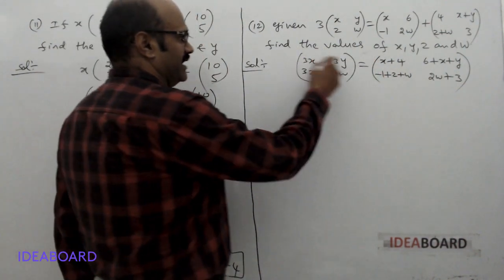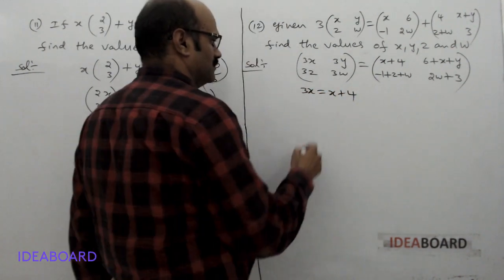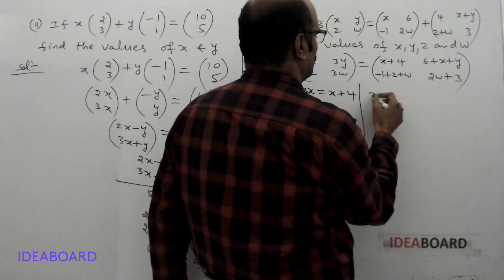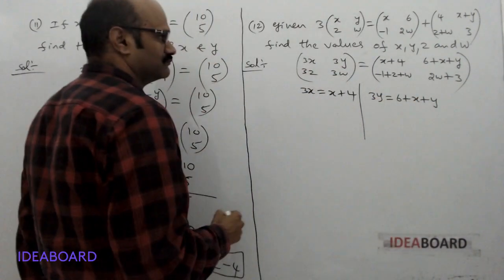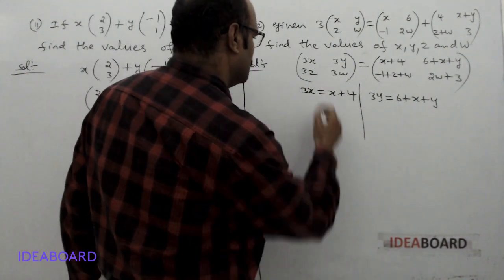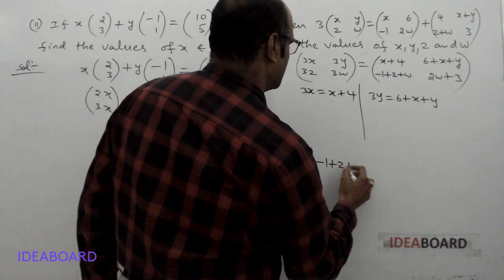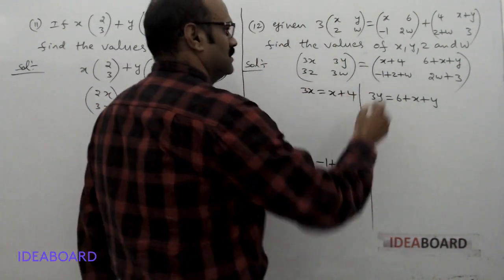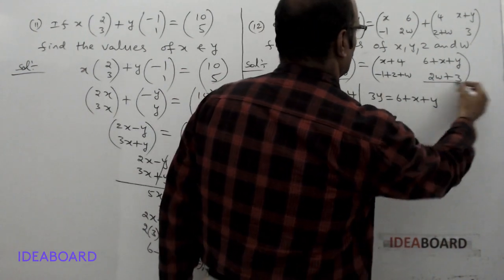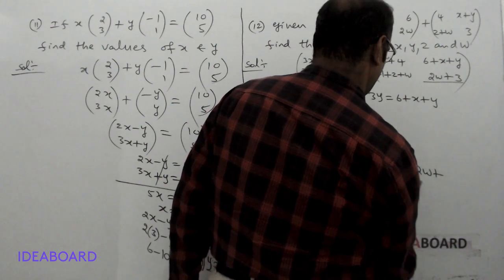It implies take 3x equal to x plus 4, 3y equal to 6 plus x plus y, 3z equal to minus 1 plus z plus w, 3w equal to 2w plus 3.